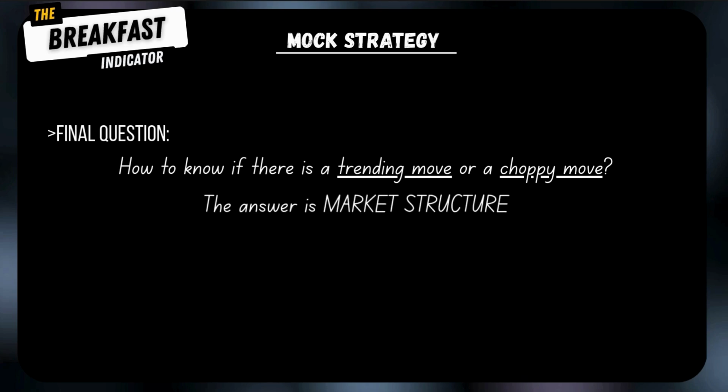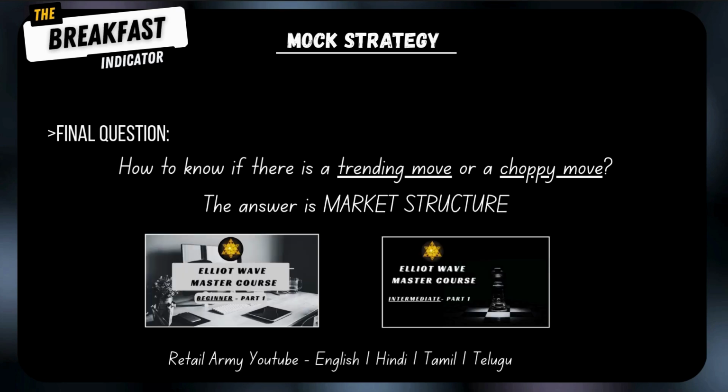Like I told you before, this is the most critical step of any strategy, and this is where 90% of traders will fail. I have already provided a very important source to study and understand market structure. You can check out all the lectures on Elliott wave theory. This is the most important step.